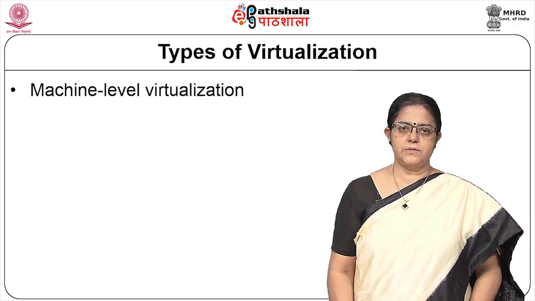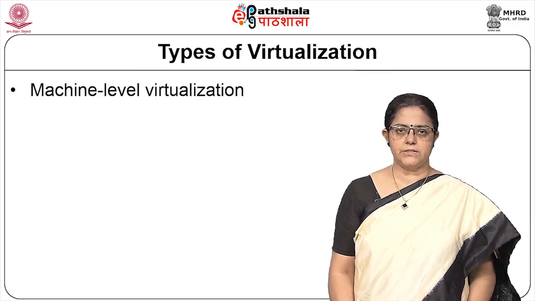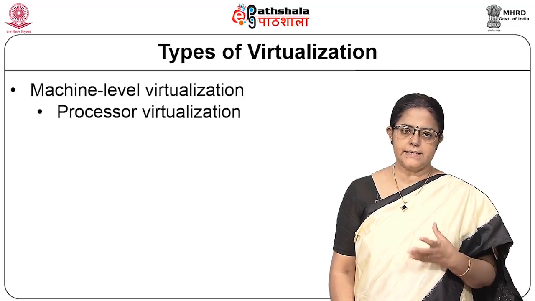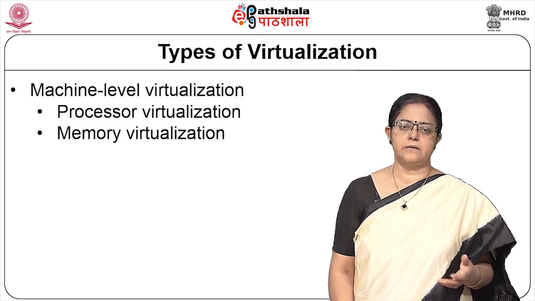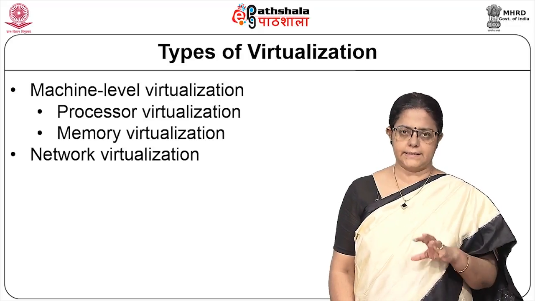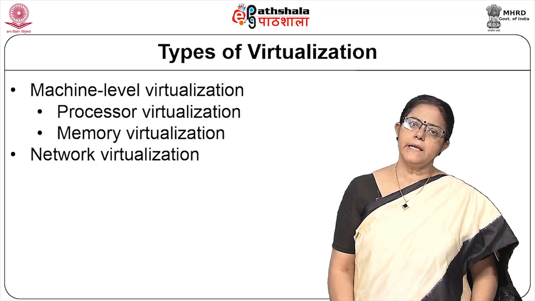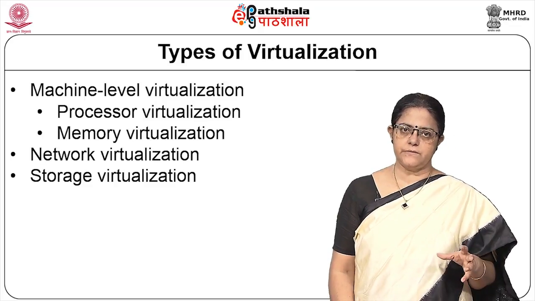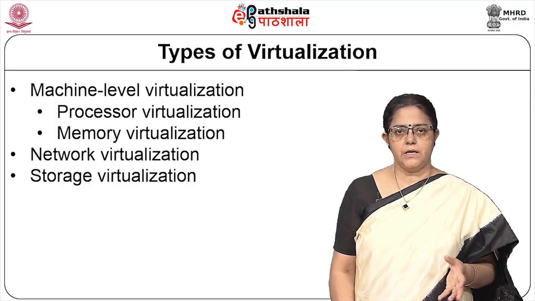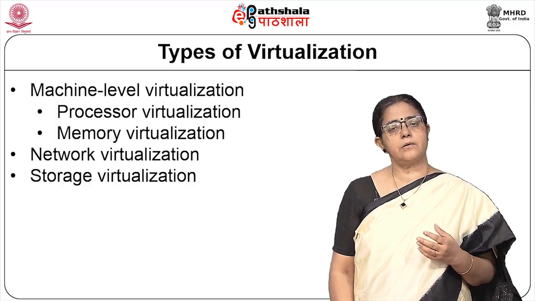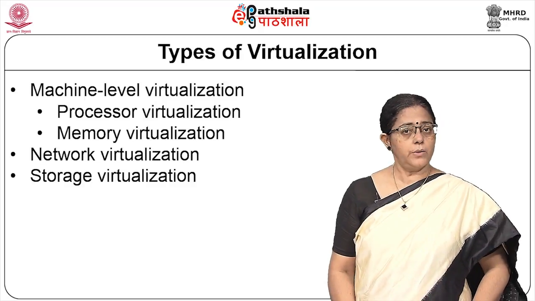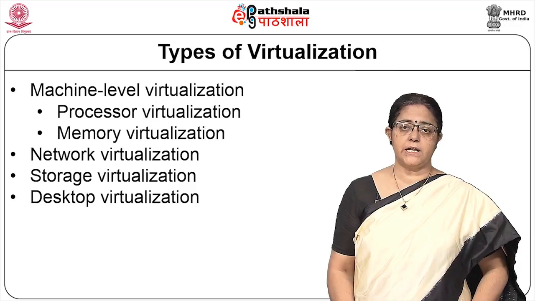The first one, as we said, is the machine level virtualization, which is the physical machine where the computer is running, that is processor, memory and all other objects that are there in the physical machine. Then comes the network virtualization, which is virtualizing the network. Then comes the storage virtualization. Since storage is a separate and a very important part of machine, we would talk about storage virtualization.